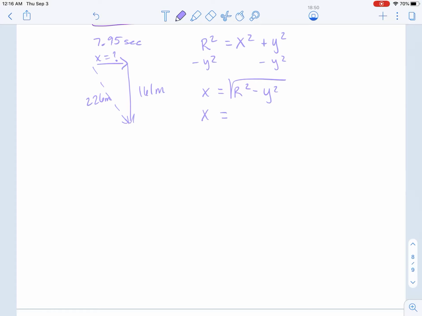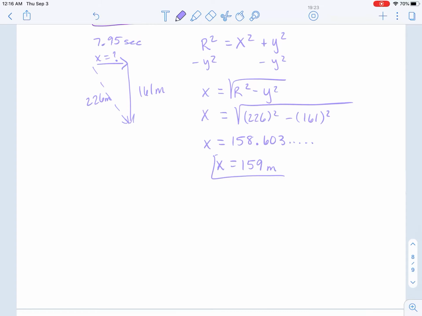My displacement in the x direction will be the square root of 226 squared minus 161 squared. I'm going to put that all in my calculator, one entry. Real quick and easy, no rewriting anything. And that gives me 158.603, and then there's more digits in my calculator. This final answer will be rounded to 159 meters for sig figs and with the appropriate unit.